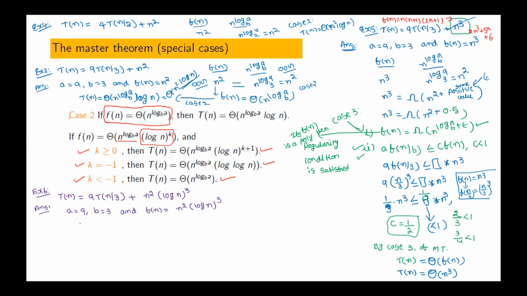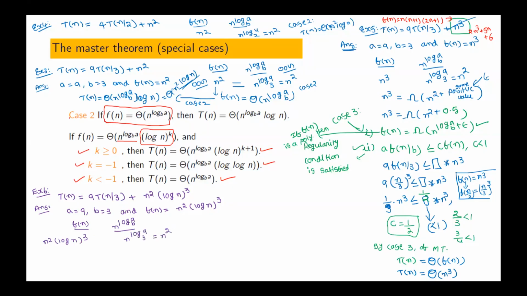Now, every time we compare f of n with n power log a base b. One side f of n, the other side n power log a base b. What is f of n? N square into log n whole cube. This is n power log 9 base 3, which is the same as n square.